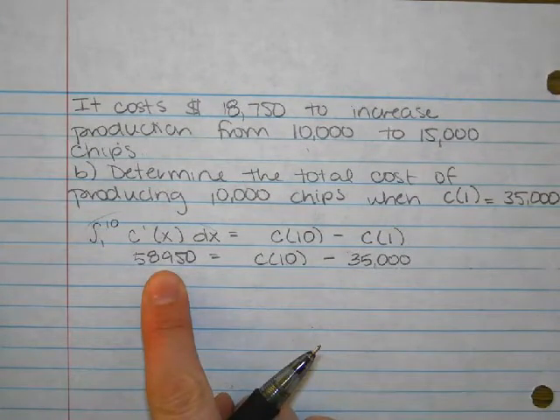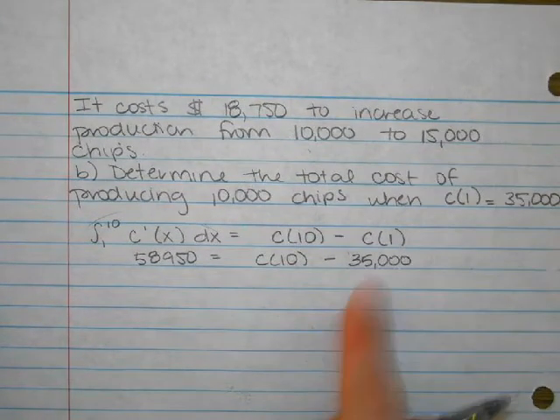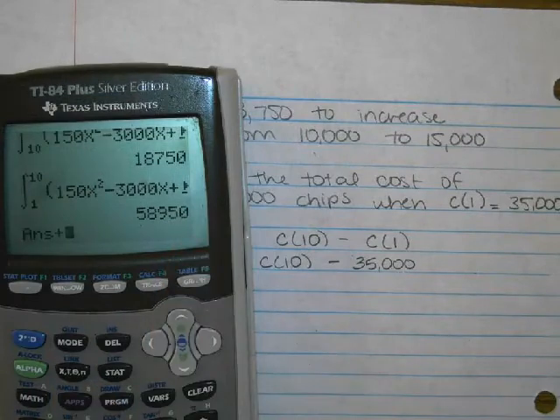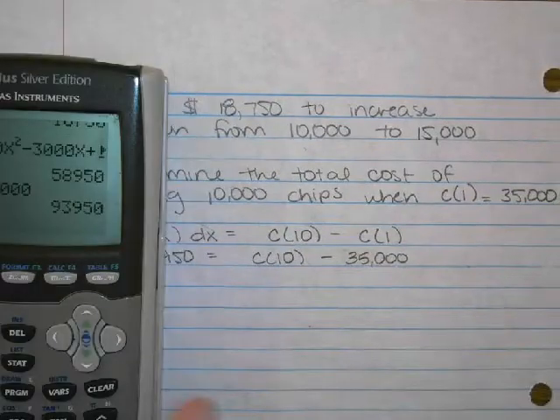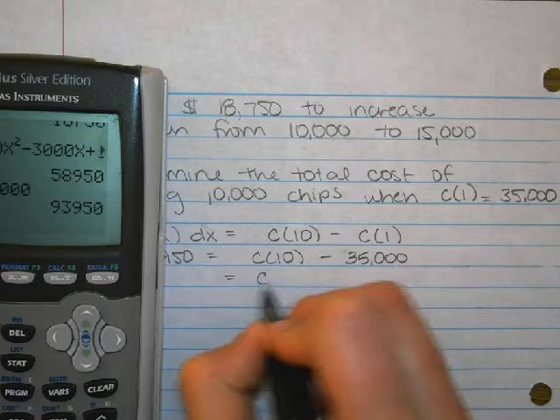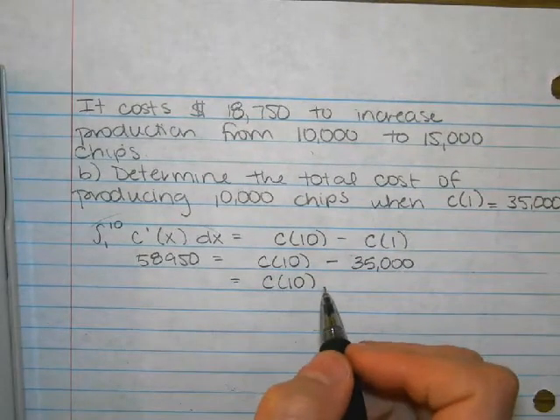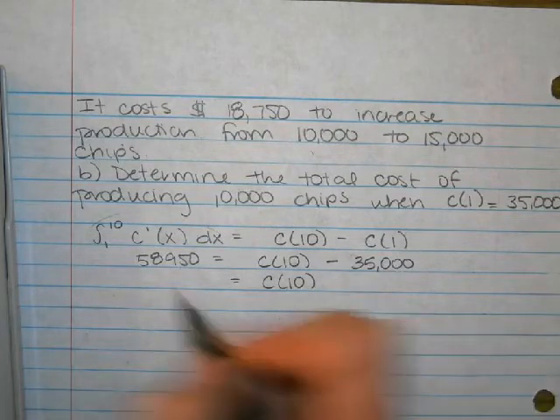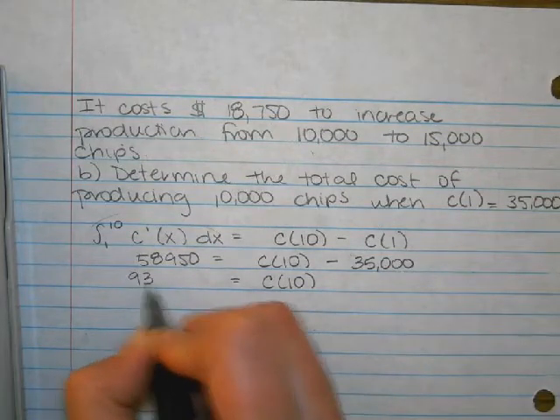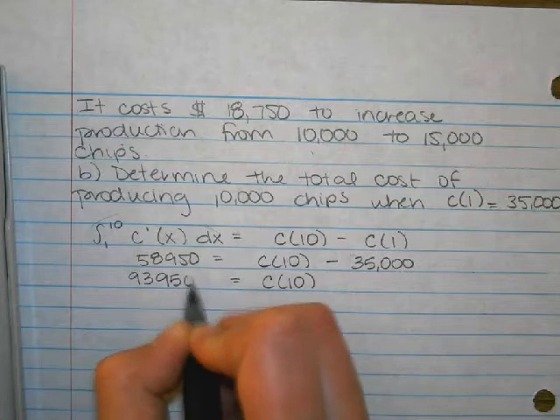This is what my calculator just found. So I can go ahead and add the 35,000 over. And then I know that the cost of producing exactly 10,000 is $93,950.